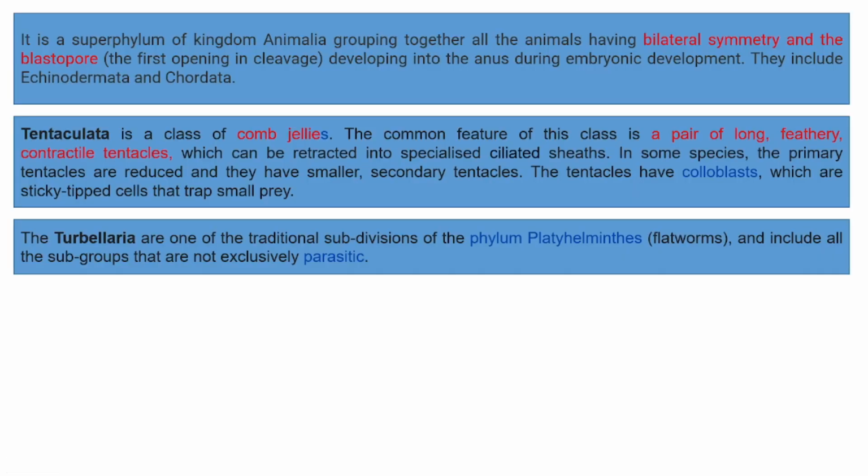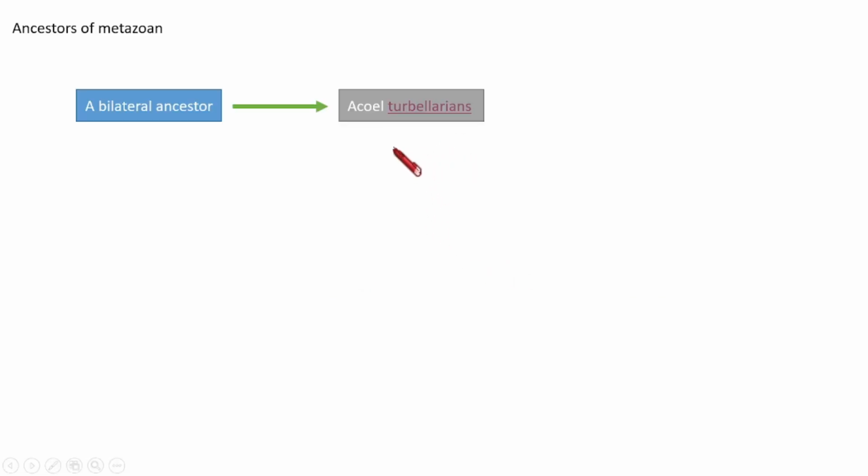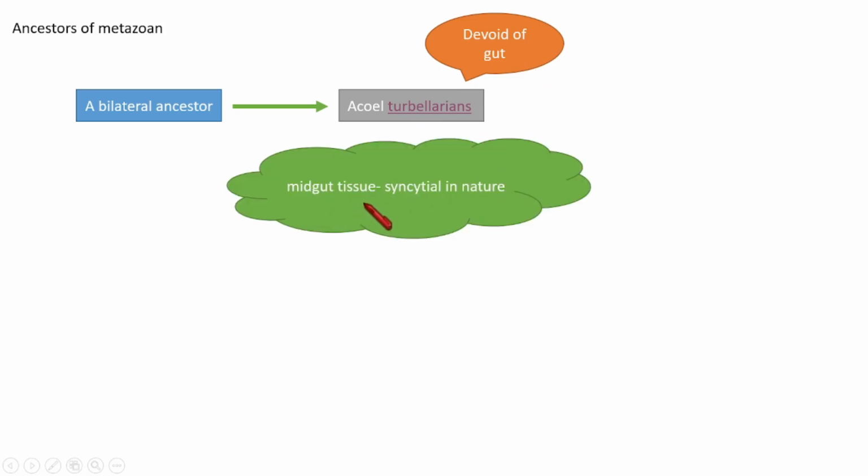And then what are turbellarians? Turbellarians are a subdivision of phylum Platyhelminthes, and not all the members are parasitic. So just understand that it is a subdivision of phylum Platyhelminthes.